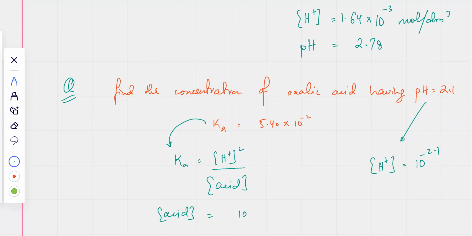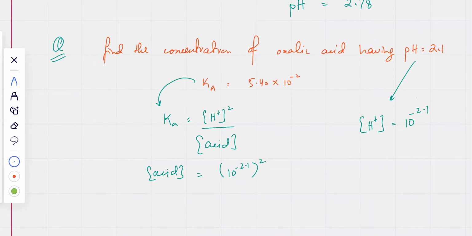It's going to be 10 to the power minus 2.1, that's being squared, and we're going to divide that by the K value, which is 5.40 times 10 to the power minus 2. So I've switched the positions of K and acid.